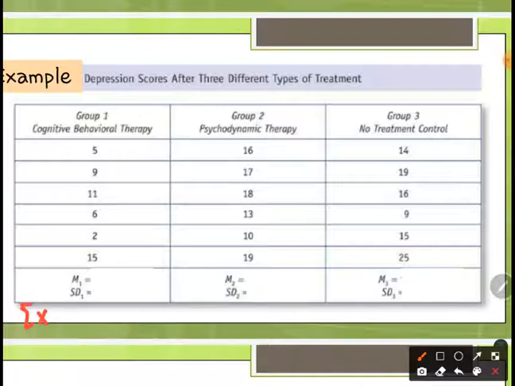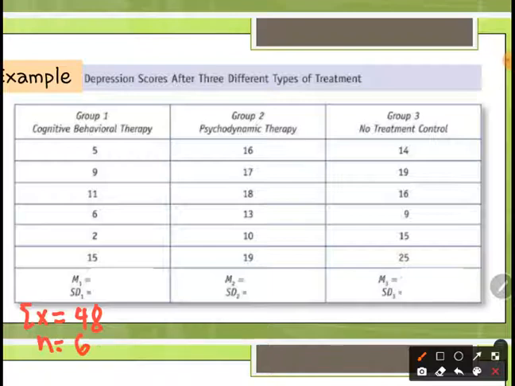Yung summation ng x is just equal to the sum of 5 plus 4 plus 9 plus 11 plus 6 plus 2 plus 15. So that is equals to 48. Okay? And then, ilan ba yung n natin dyan or sample? Di ba we have 6, 1, 2, 3, 4, 5, 6. Okay, 6. So yung ating n is equals to 6.